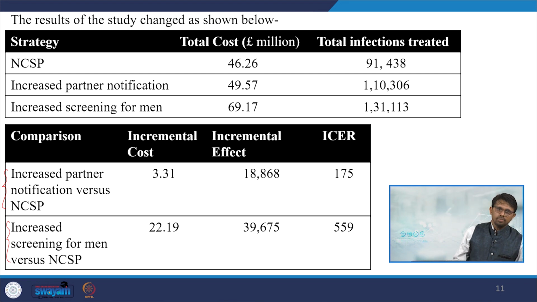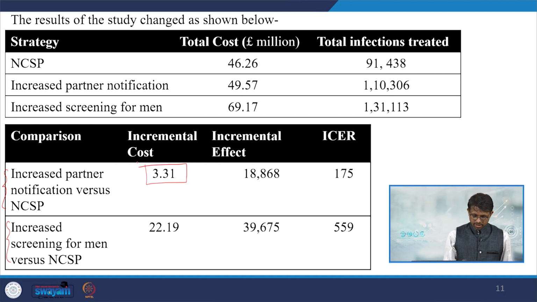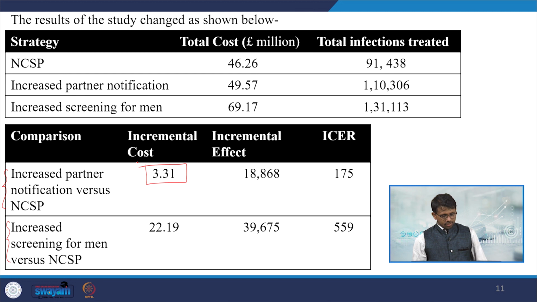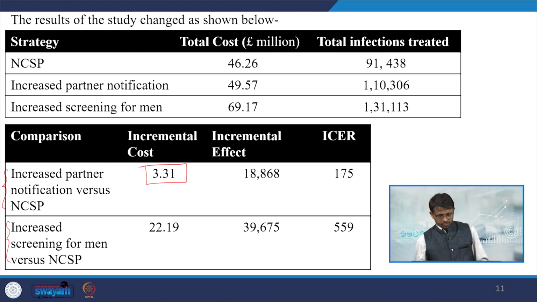So, the incremental cost, that is the change, from the absolute number 49.57 minus 46.26, you will find the change is presented here as 3.31. Similarly, for the second one, 69.17 minus 46.27, so you will find the change.